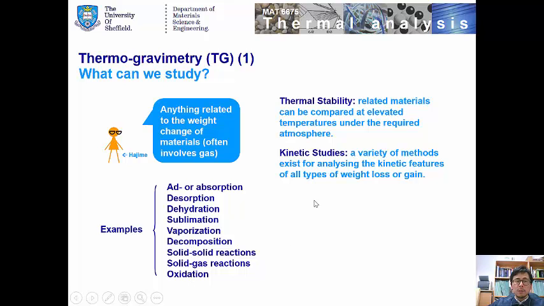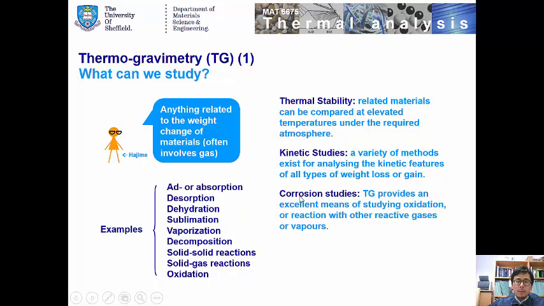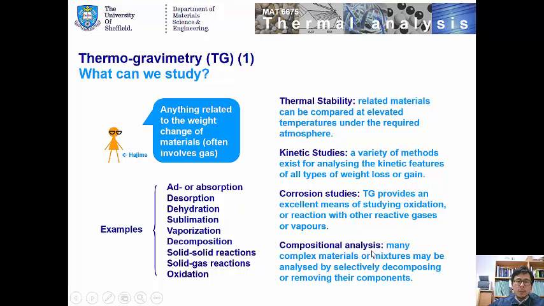These things are quite difficult to study, but it is possible to determine kinetics of reaction using TG. Corrosion study, this is also oxidation, can be studied. Sometimes people use this technique to analyze the composition and purity of materials, because by heating material, they sometimes emit the impurity as a gas.